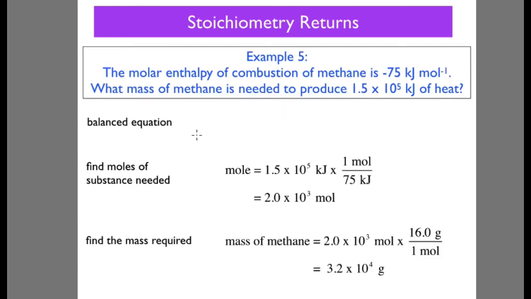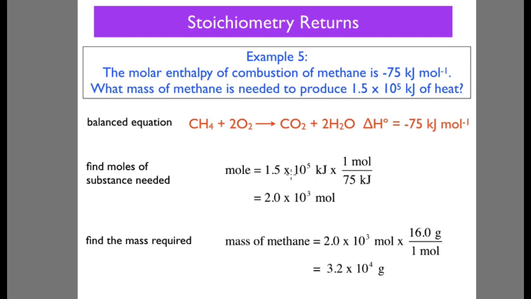Example 5. The molar enthalpy of combustion of methane is minus 75 kilojoules per mole. What mass of methane is needed to produce 1.5 times 10 to the 5 kilojoules? We know that 1 mole of methane gives us minus 75 kilojoules per mole, an exothermic reaction. So first we need to find the moles of the substance needed.